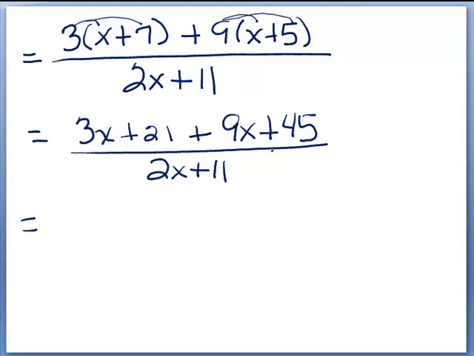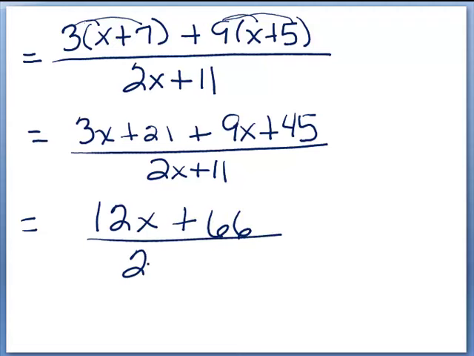In the numerator, let's combine like terms. 3x plus 9x, we have 12x. Then 21 plus 45, we have 66 over 2x plus 11.